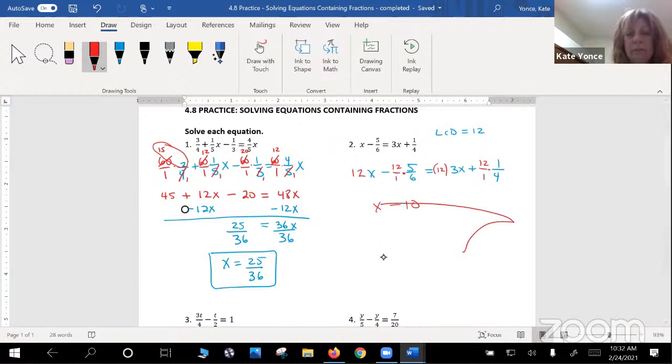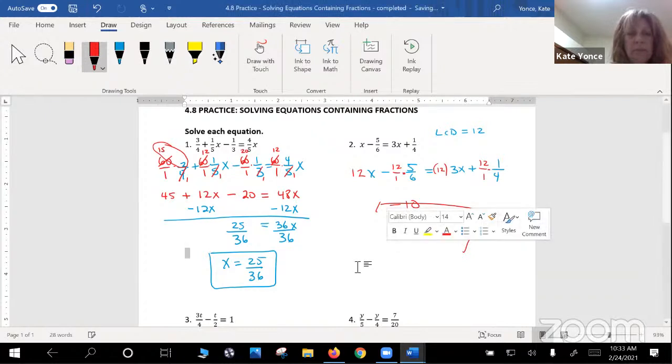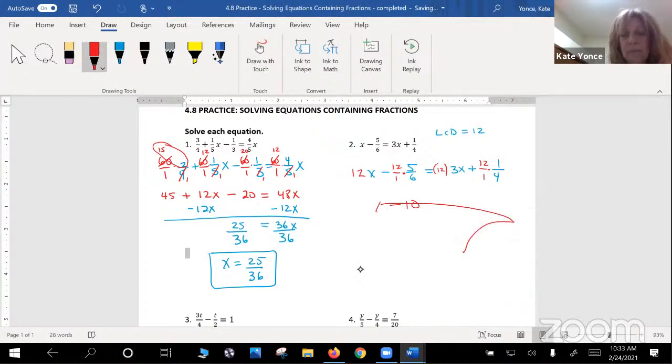And then you got to move the negative 10 over to the right, which would make it positive 10. So then it would be 48x equals 13. And then you would divide by 48 on each side. And that would give you x equals 13 over 48.